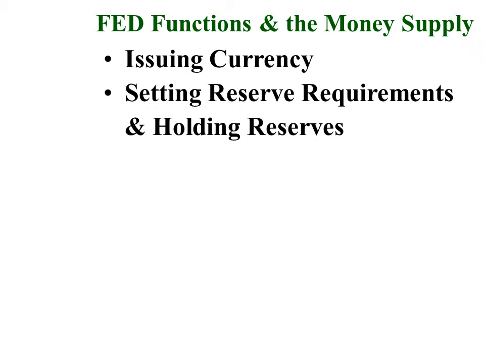The second function of the Fed is extremely important to the financial and economic well-being of the country. The Fed sets the reserve requirement and holds reserves. All banks create loans. That's how banks make money.